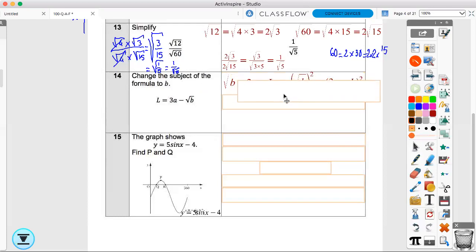There's a school of thought where people just go, well, that is root b on that side, 3a minus L. But the opposite of rooting is squaring. So your final answer should be b is just (3a minus L) squared, because root b times root b is just b.